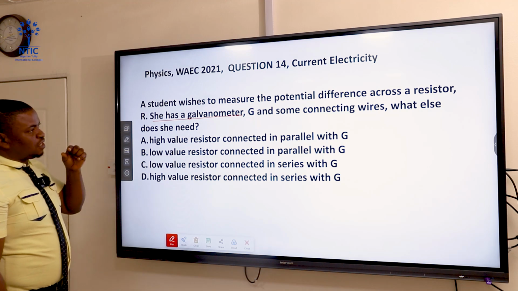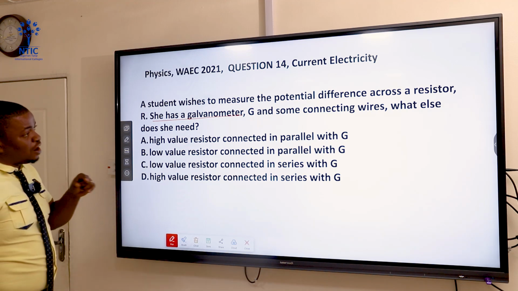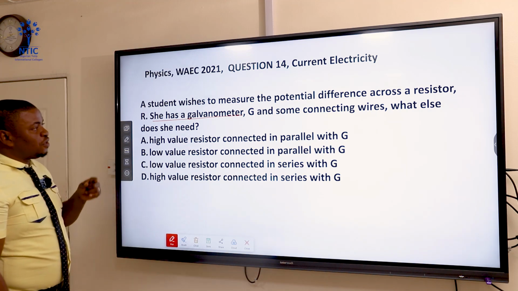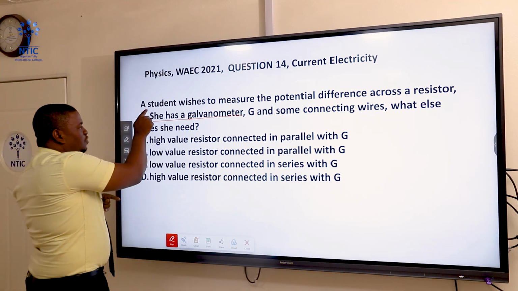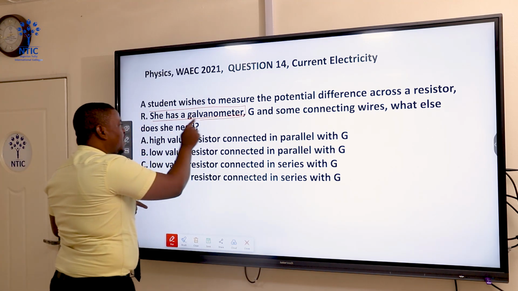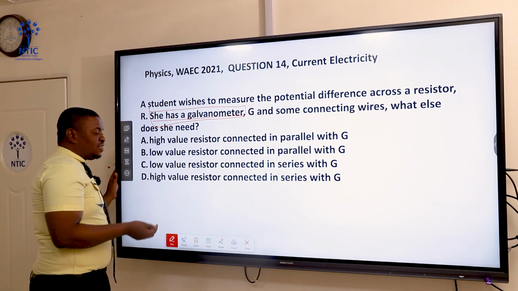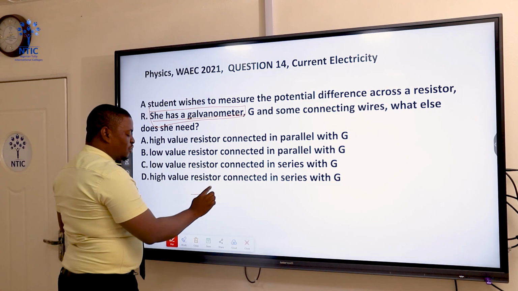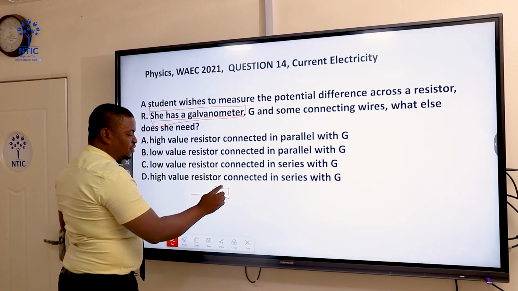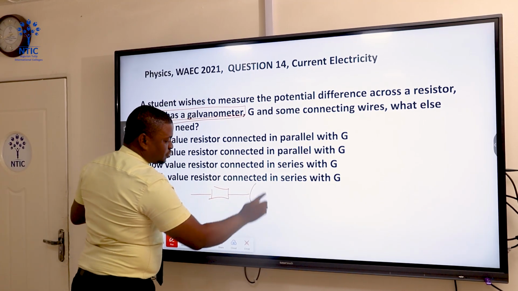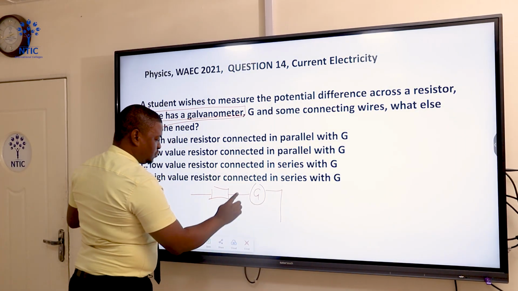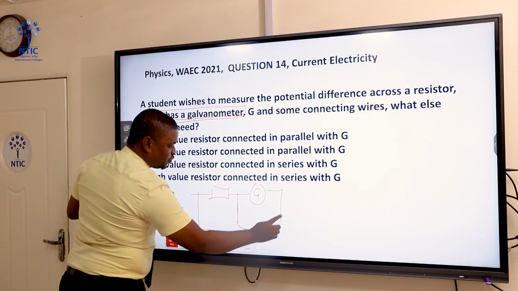Since the student does not have a voltmeter, she wants to convert a galvanometer to a voltmeter. So how do you do this? In converting a galvanometer to a voltmeter, you connect a resistor in series with the galvanometer.